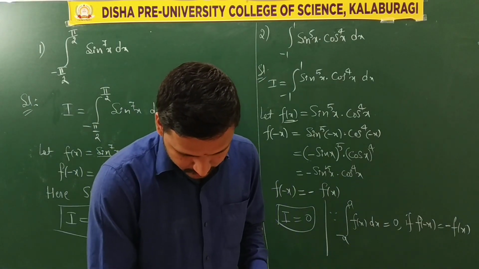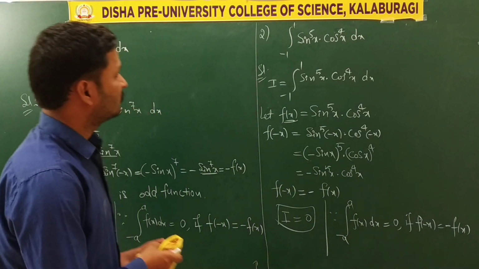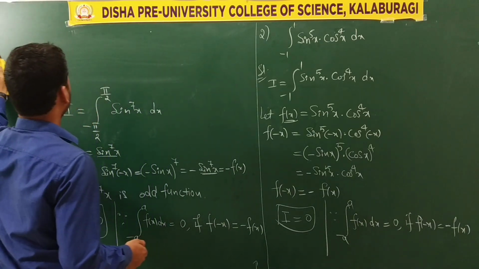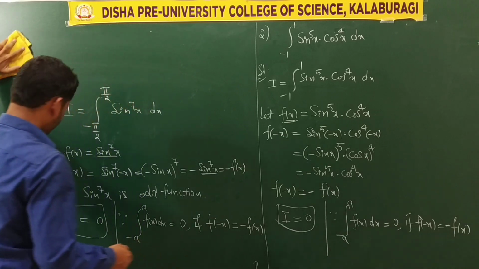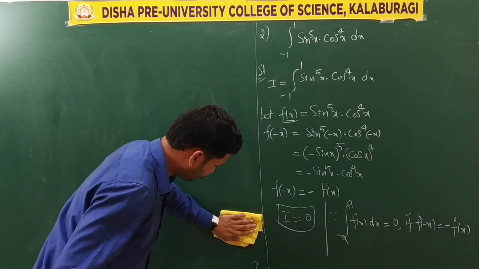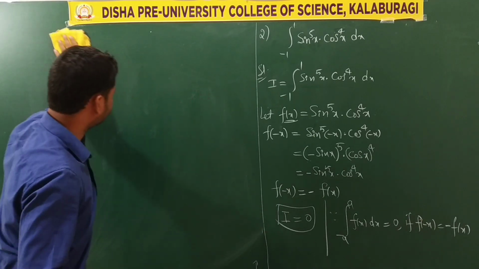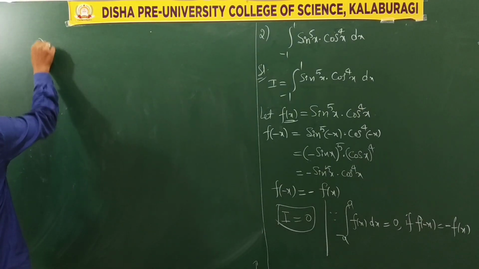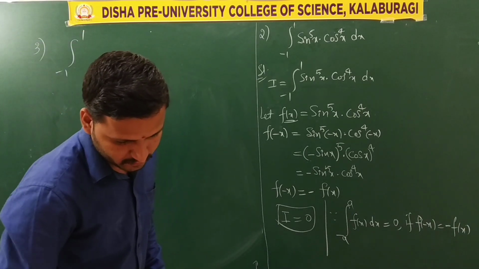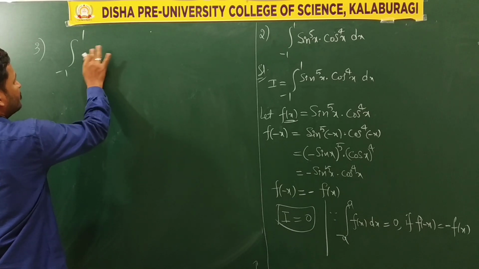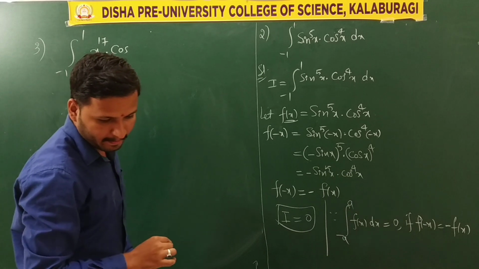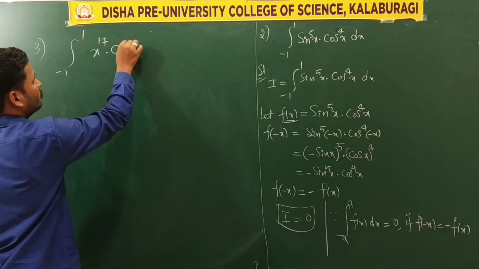Then next question. Take out this homework, the third question, the homework; you should try it, it is basic. Question number 3: integration from minus 1 to plus 1 x to the power 17 into cos to the power 4x into dx.